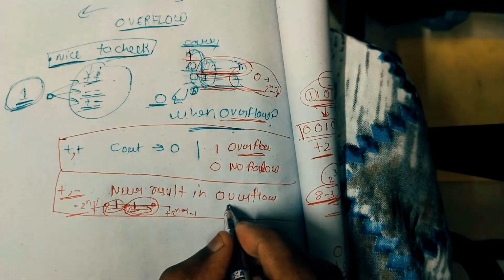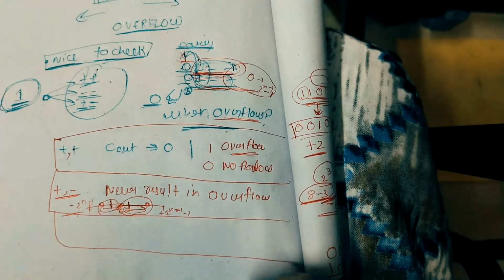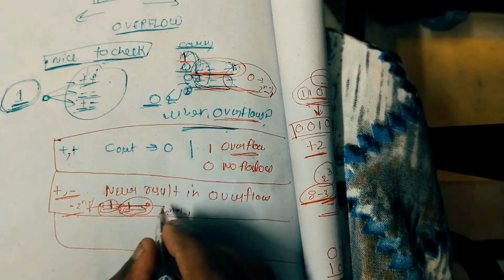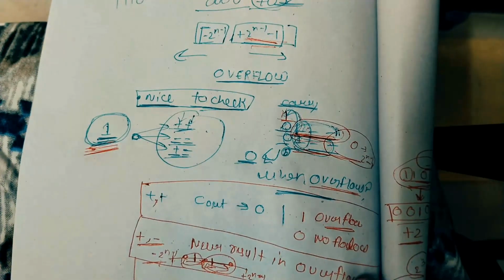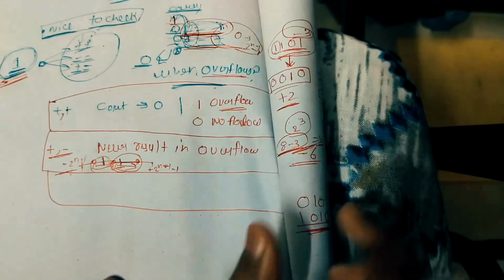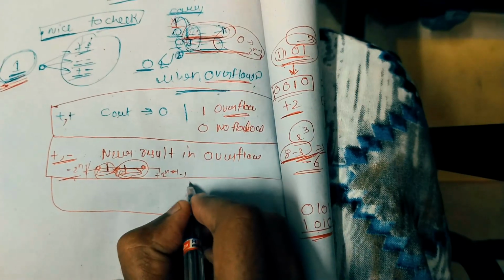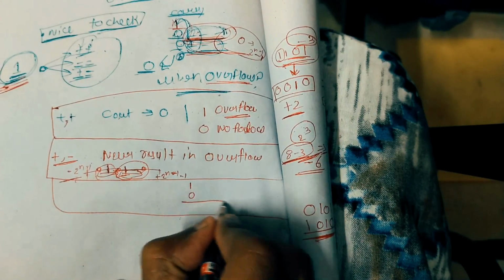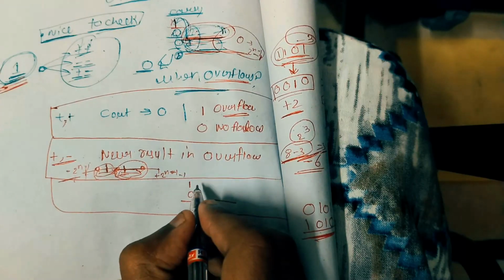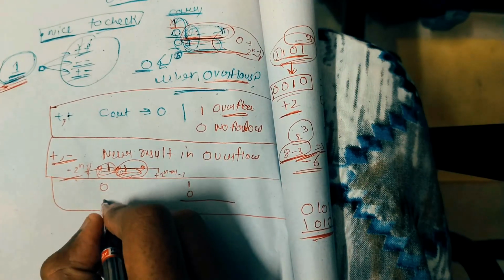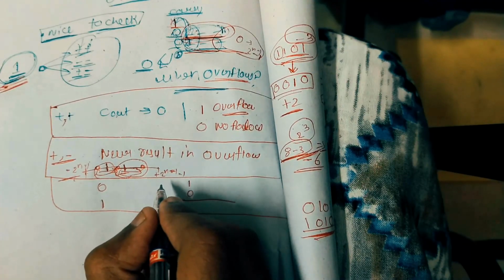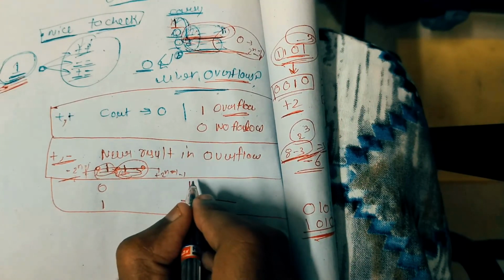So let's look at what the carry in and carry out would be, so that we can form this single condition which we can always use to check for the overflow. In this case, the carry out can be 0 or 1.